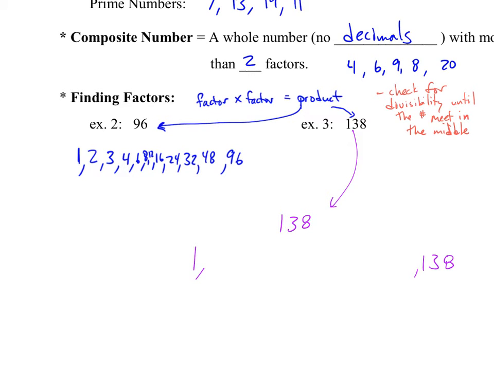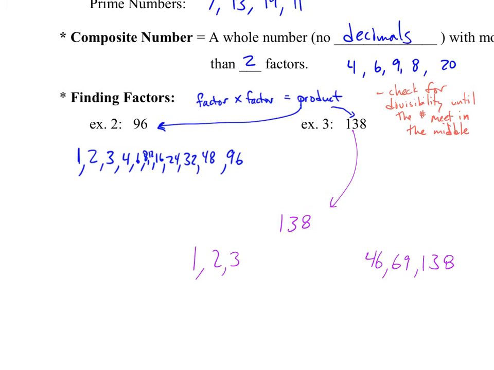Yeah. How do we know? It's an even number. 69. Is it? Should be. 3 works. That's 3. 46.